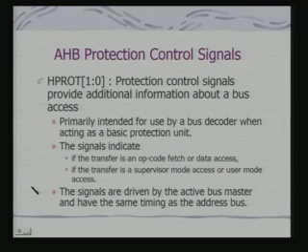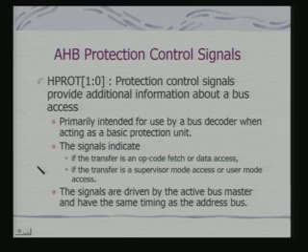These signals really do not provide the protection, but these signals actually encode the status of the current transaction. By making use of these bits, the bus decoder can function as a basic protection unit.